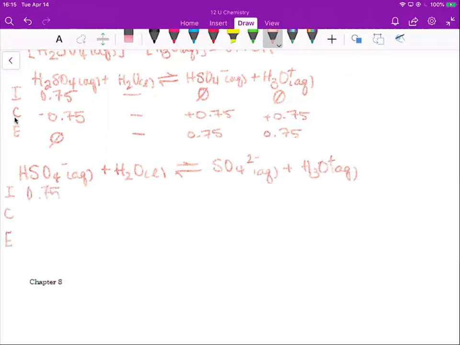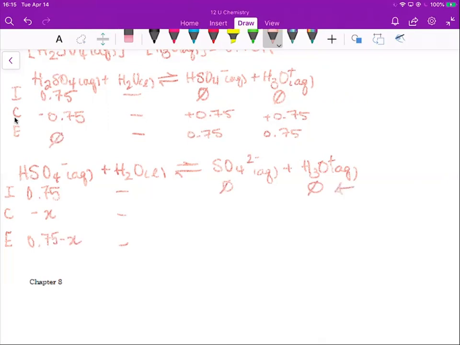From the above ice table, we know that we're starting off with 0.75 molar of HSO4-, the hydrogen sulfate ion. We know that it's going to lose some. There is going to be some forward reaction because we're starting off with 0 concentration of the sulfate ion.